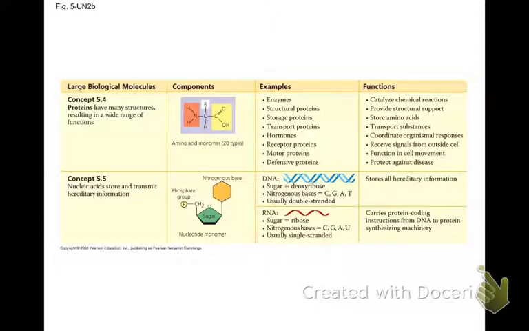A receptor protein receives something from outside the cell. Motor proteins are for movement. Defensive proteins are like the antibodies that I was talking to you about, to protect against disease.